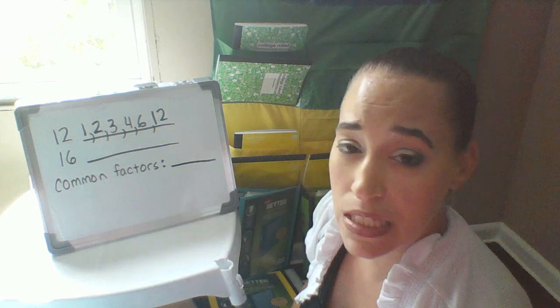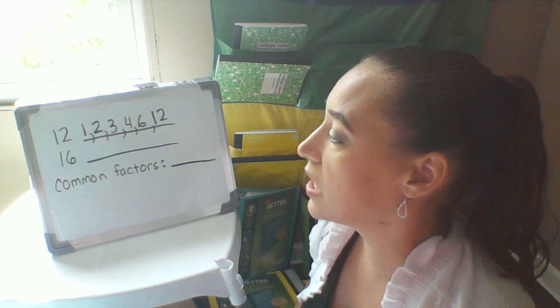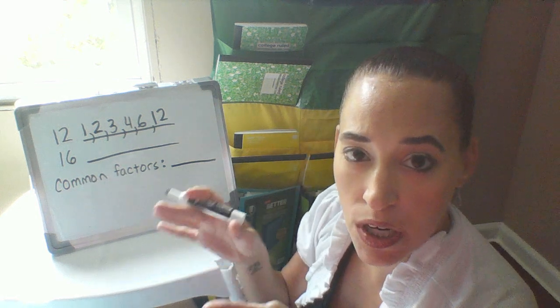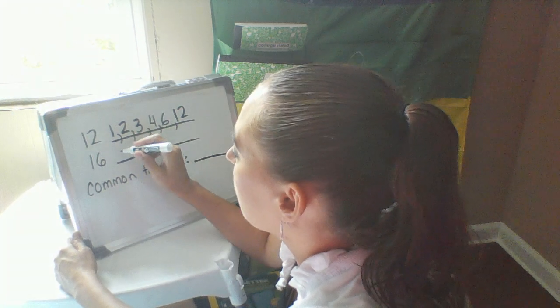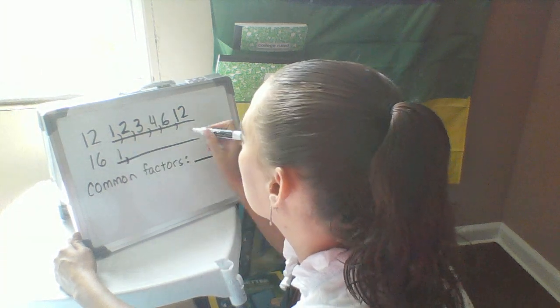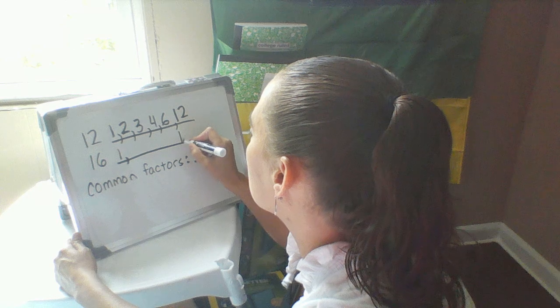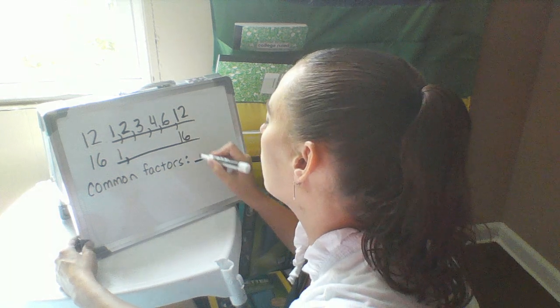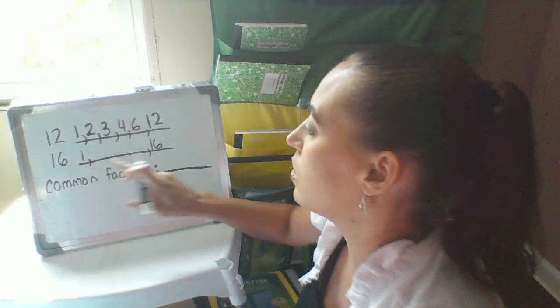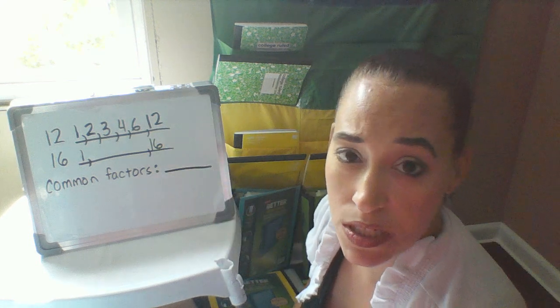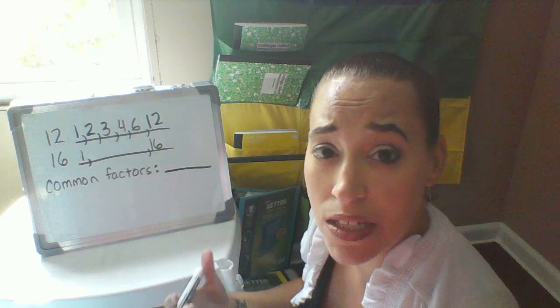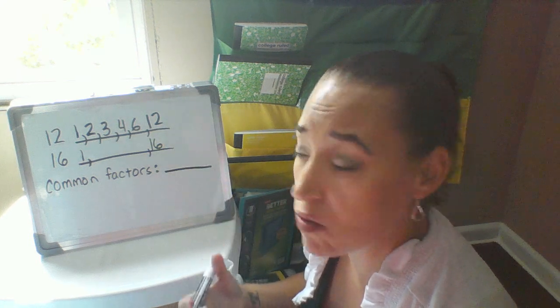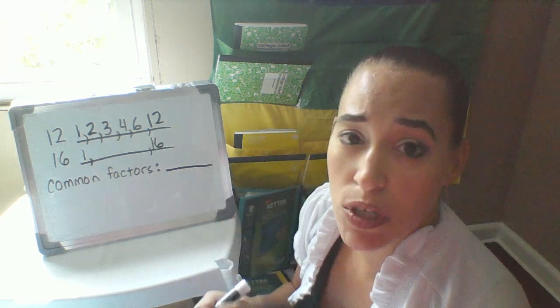Now we move on to 16. So again, we always start with the number itself. So we have 1 and we have 16. We know 1 times 16 equals 16. 16 is divisible by itself. Now we try 2.